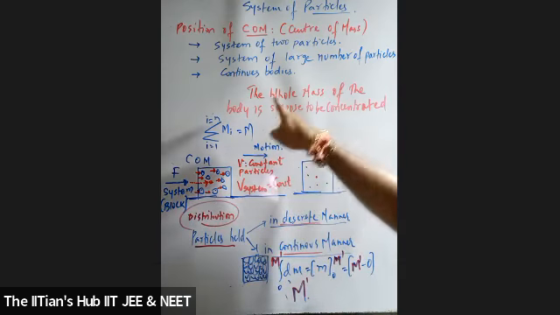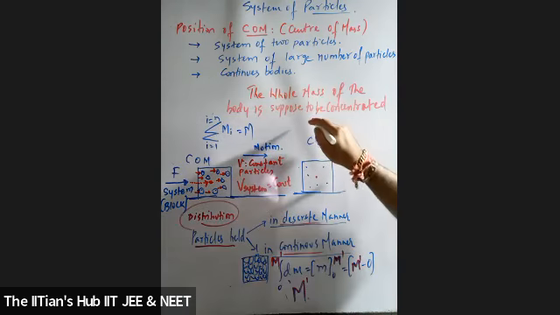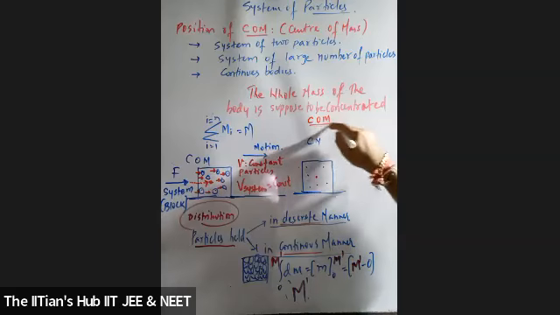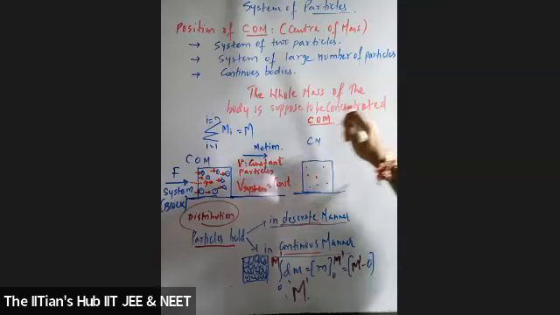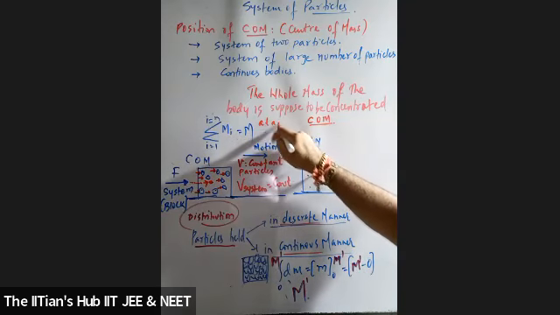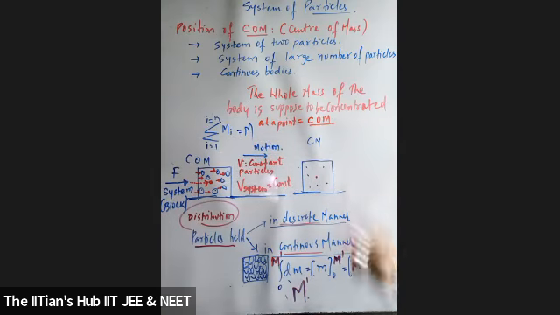That point where the whole mass of a body is supposed to be concentrated is called center of mass. The whole mass of the body is supposed to be concentrated at a point called COM. What does COM stand for? Center of mass of that particular system.